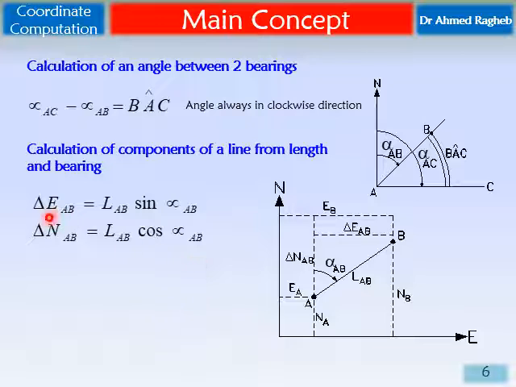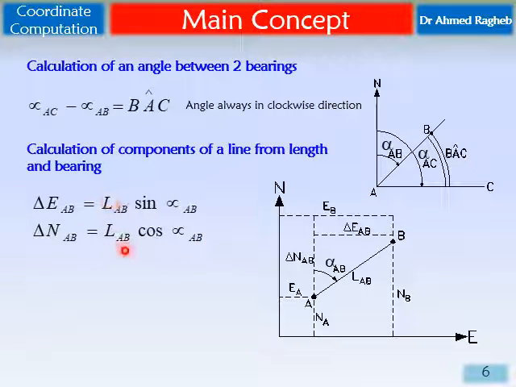If we have the length and bearing of this line, then sine alpha AB equals delta EAB over LAB, opposite over the hypotenuse. Cosine alpha AB equals delta NAB over LAB, adjacent over the hypotenuse. So basically we'll get that delta EAB equals L sine alpha, delta NAB equals L cosine alpha.